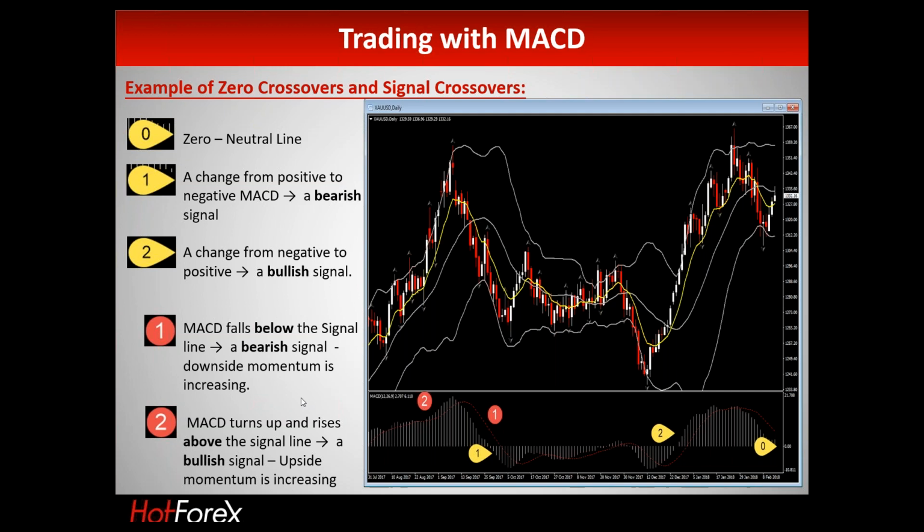Now let's go to the signal lines crossover. What do we mean by signal lines crossover? So the first point, if we see the histogram, the MACD falling below the signal line, at this area over here you can see that our histogram is lower, it has crossed below the signal line.